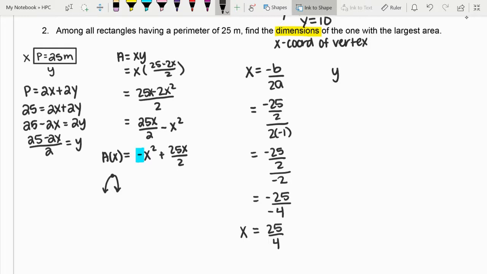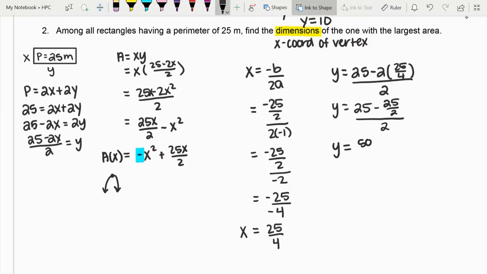So here I have y is equal to 25 minus 2 times 25 fourths all over 2. So y is equal to 25 minus 25 halves all over 2. Let's simplify that. I have y is equal to 50 halves minus 25 halves divided by 2.